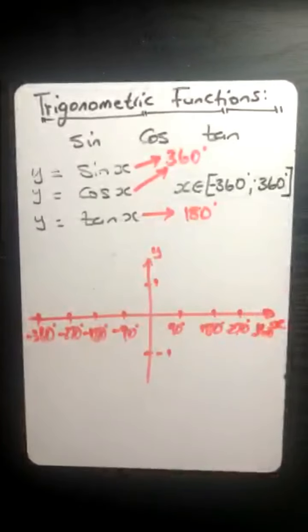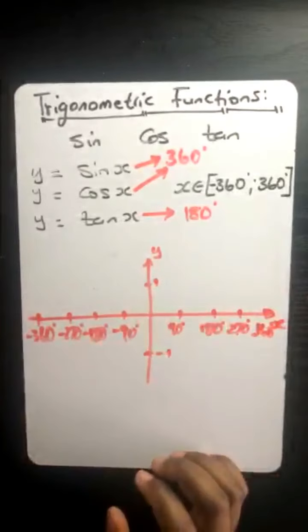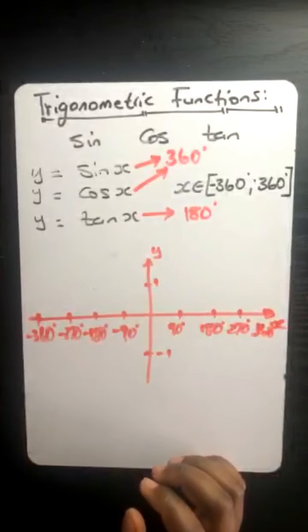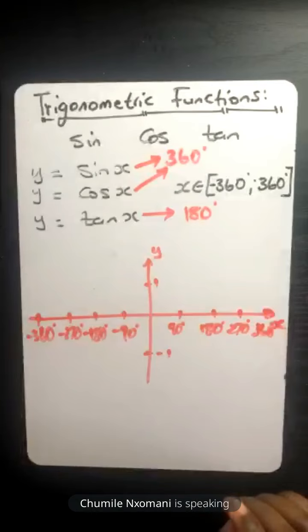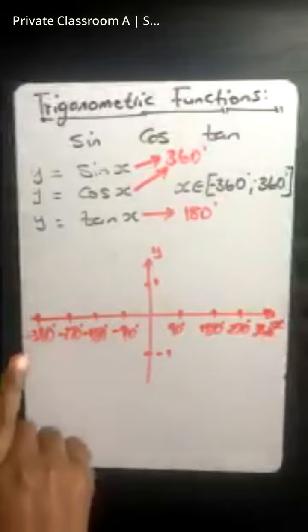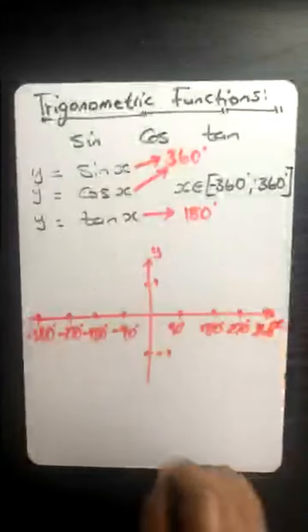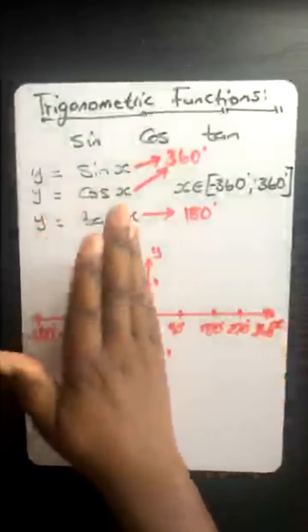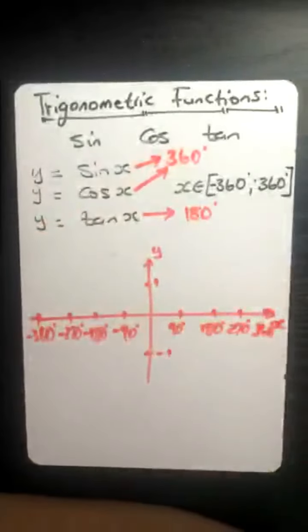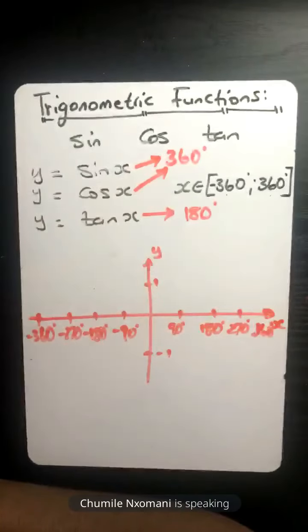Do you understand that part, Chumi, in terms of setting up to start sketching the function? Yes, sir. Let me make you think of something. Why did I have negative 360 up to 360? Why did I not sketch only one side? I'm not sure, sir.